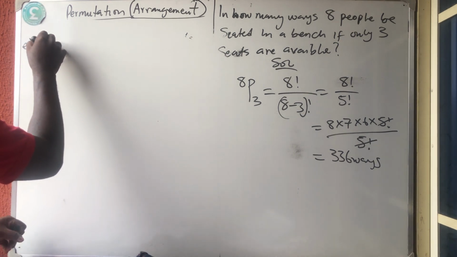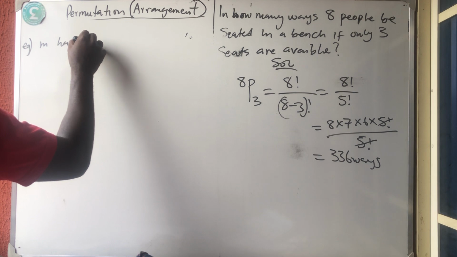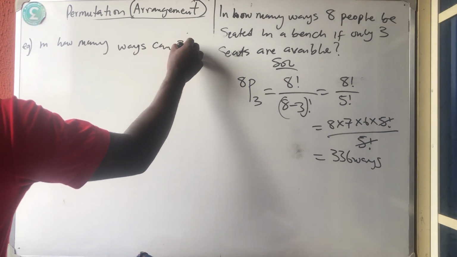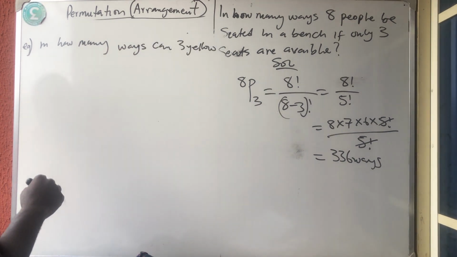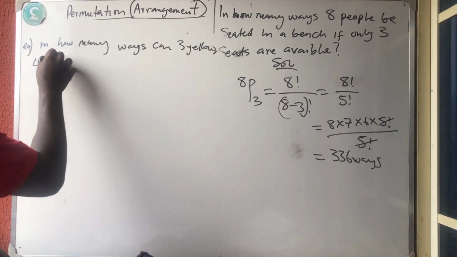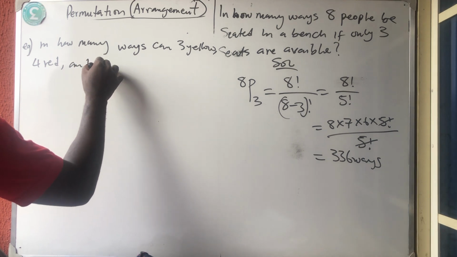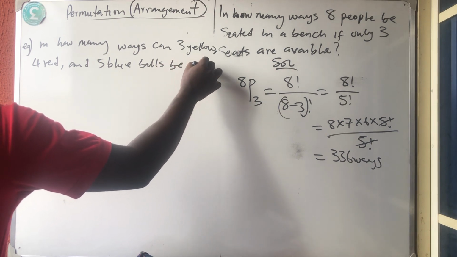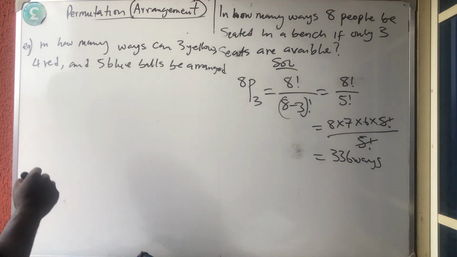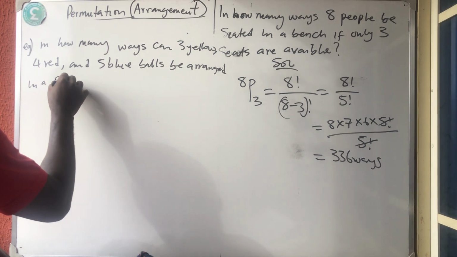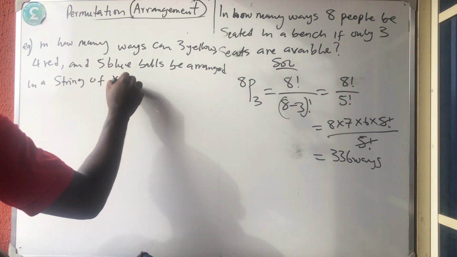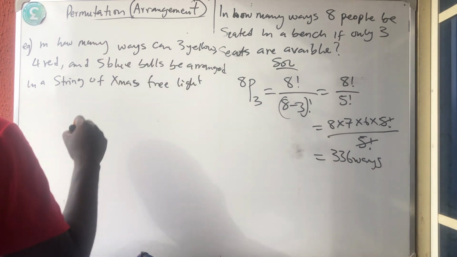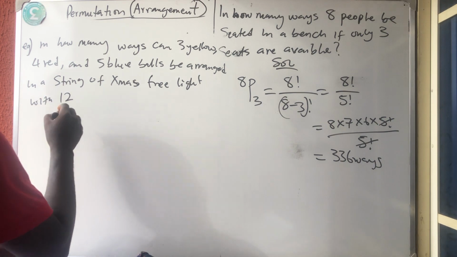Example. They said, in how many ways can 3 yellow, 4 red, and 5 blue balls be arranged in a string of Christmas lights with 12 sockets.